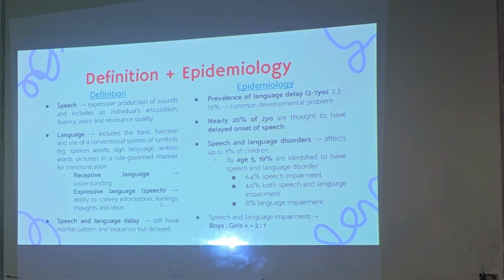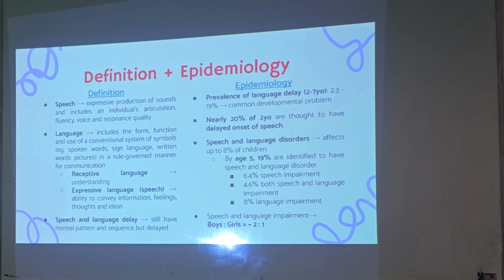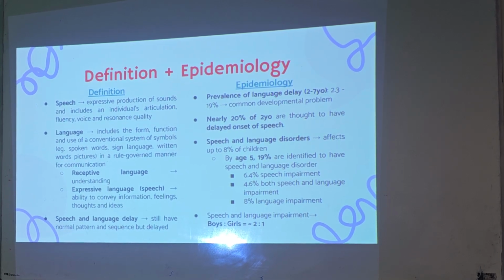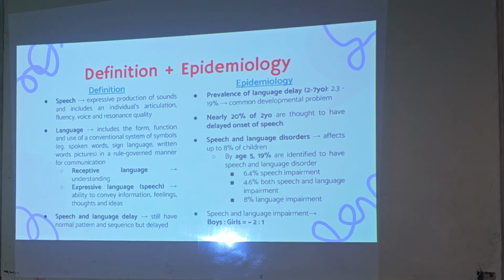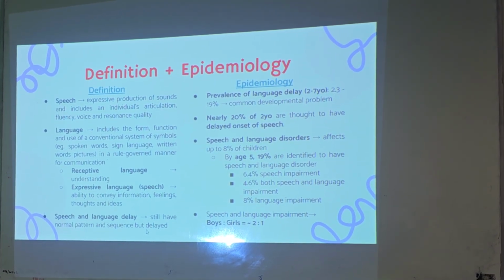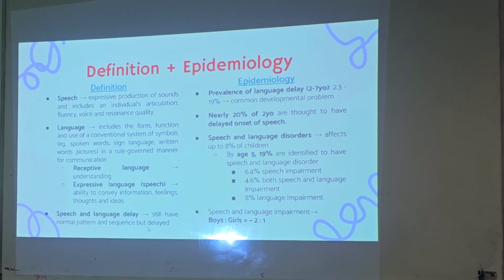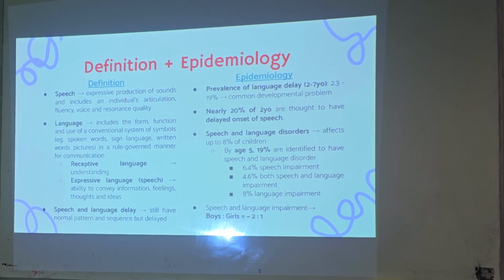This is about a person's ability to convey their information, feelings, thoughts and ideas. Generally, children tend to have better receptive language compared to expressive language. When we talk about speech and language delay, the pattern and sequence are still normal. It's just that it occurs later in age, and that is why it's called delayed for their age.